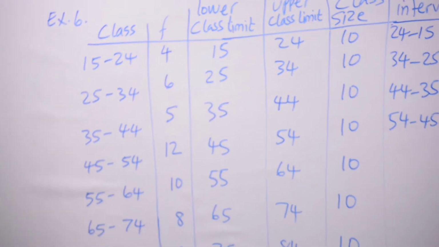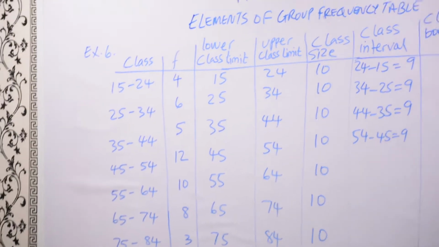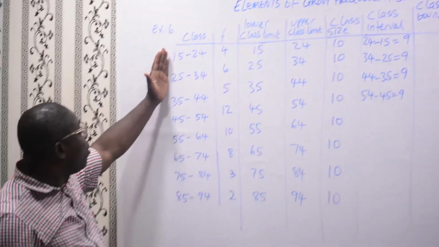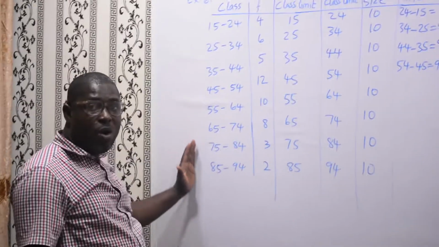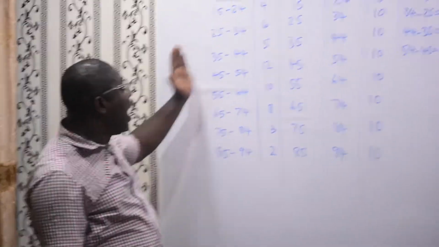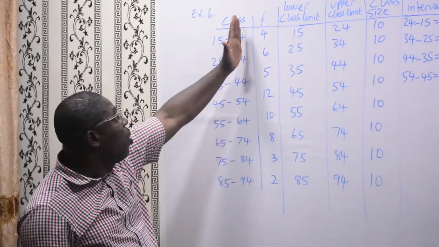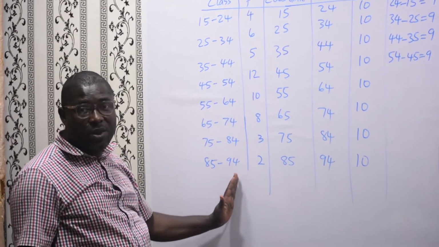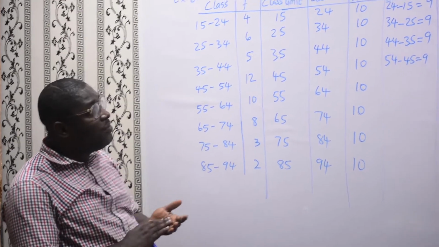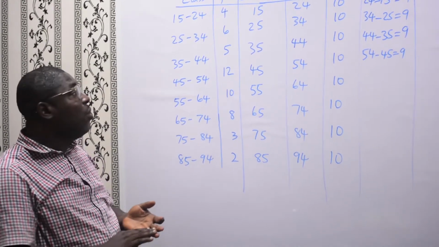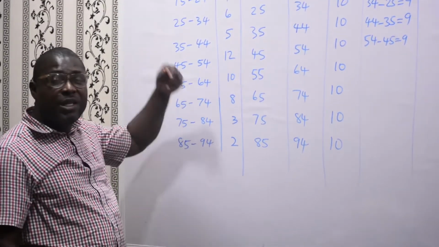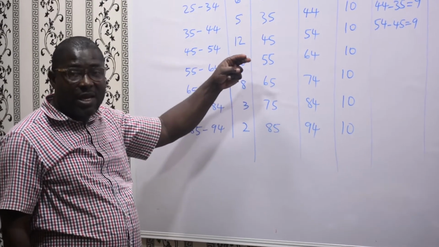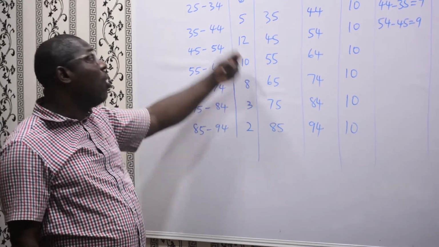Now that 0.5, you will now deduct it from each of the lower class limits of all the classes and add 0.5 to the upper class limit of all the classes. Let me come again with that. To derive the class boundary, we find the difference between the upper class limit of a class and the lower class limit of the next class.